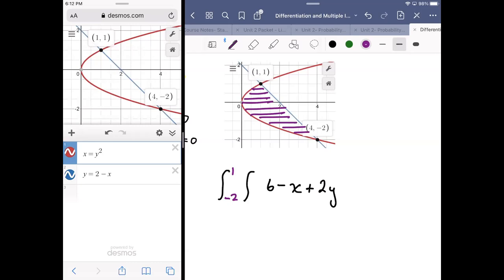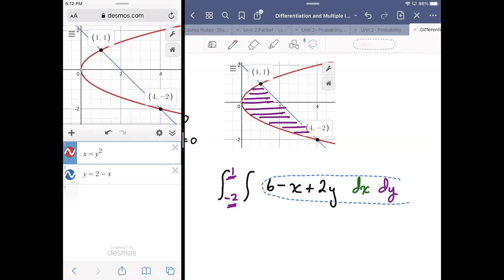That one would be -2 to 1, but my inner one would have to be the functions themselves, right? So it looks like I'm going dx dy. These would be my y bounds going from y equals -2 to 1.